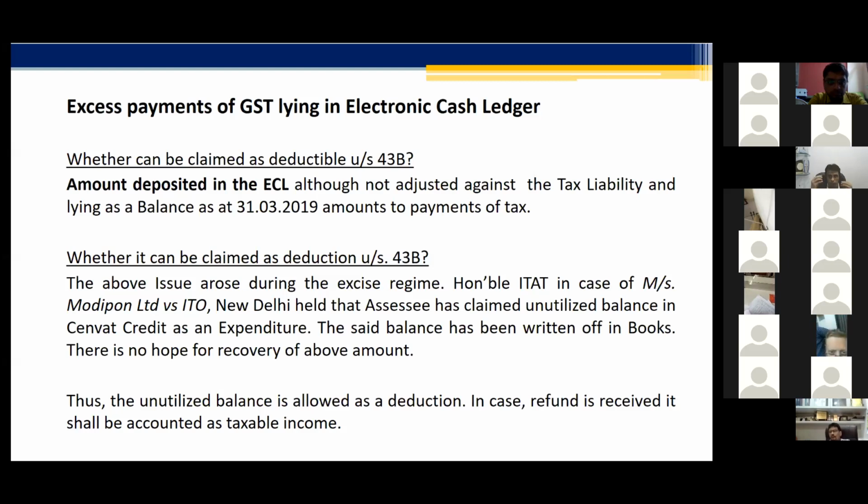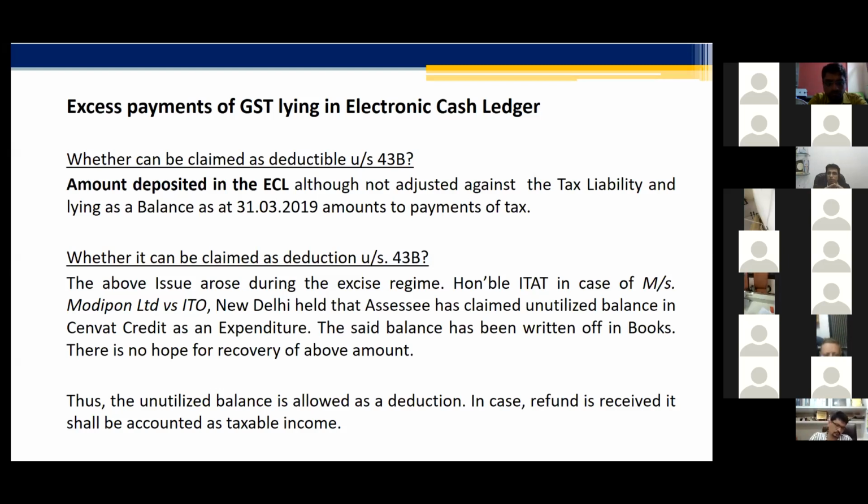Now, you paid it by mistake. The question arises: amounts paid in the electronic cash ledger and lying as a debit, whether they should be reported under 43B and claimed as an expenditure, and when you actually receive the refund, or when you actually adjust it against a particular liability, we should reverse it to income. Whether those benefits can be taken or not.